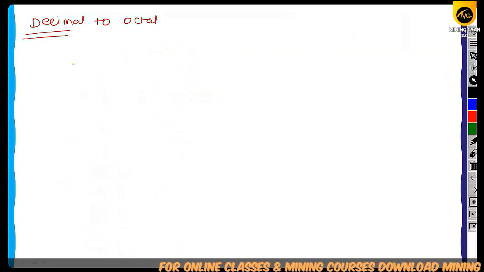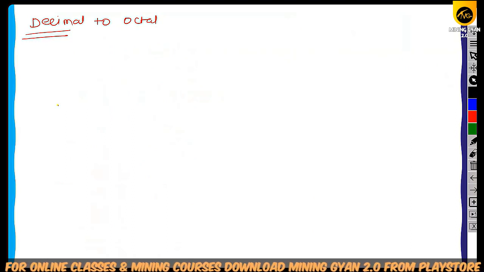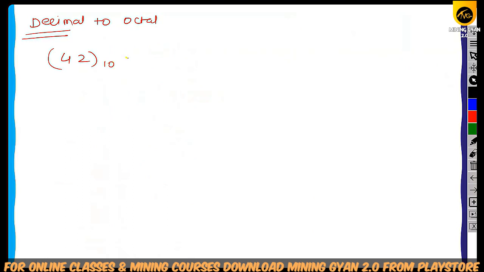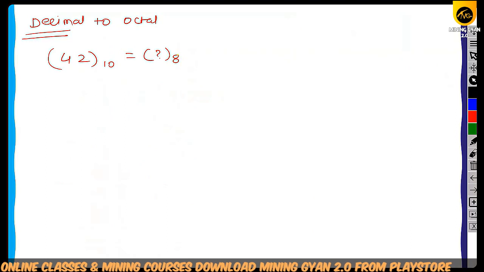Suppose there is one number in decimal form, and you have to convert it into octal. Let's take a smaller number like 42. 42 is in decimal system, and we have to convert it into octal. The base number of octal is 8. Always remember the base number of octal is 8.